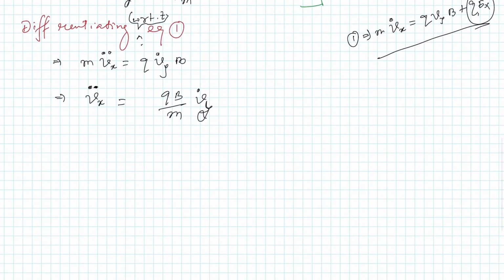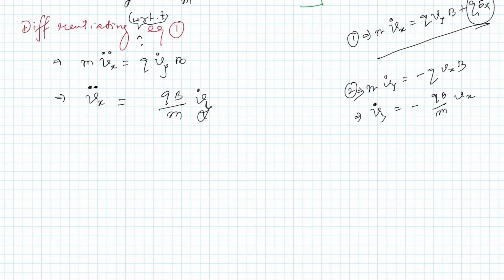Equation number 2 was m v y dot is equal to minus q v x B. So from here we can write v y dot is equal to minus qB by m v x.